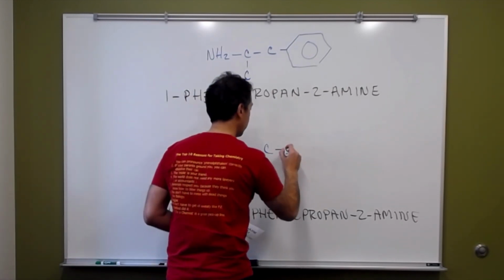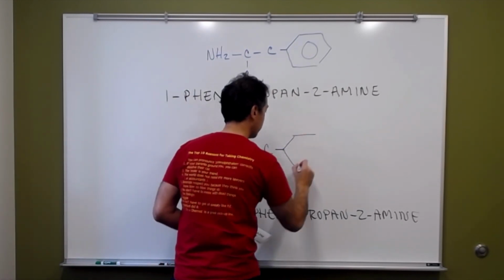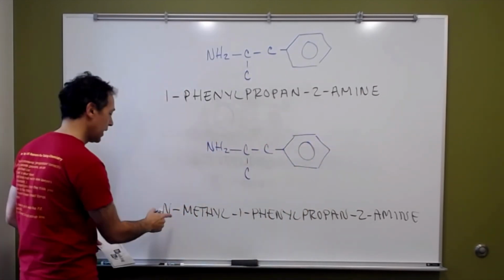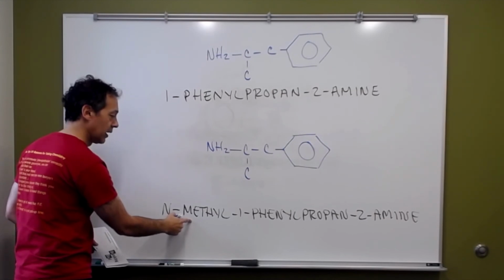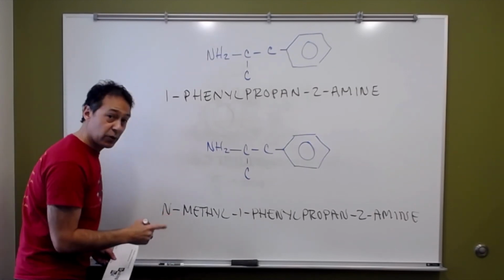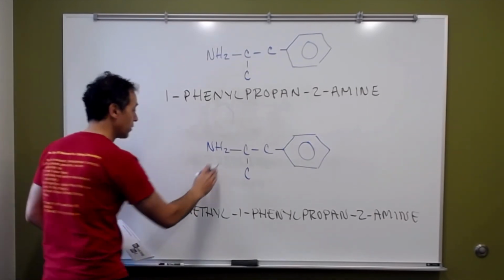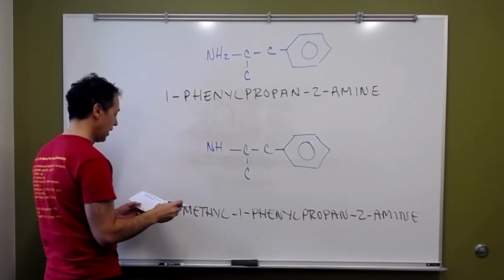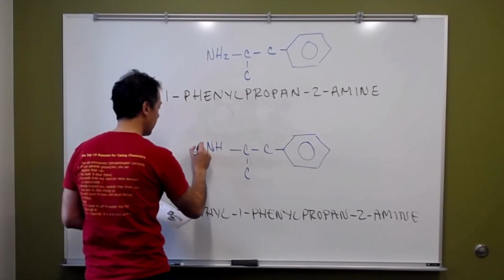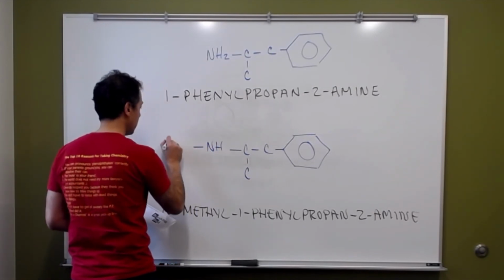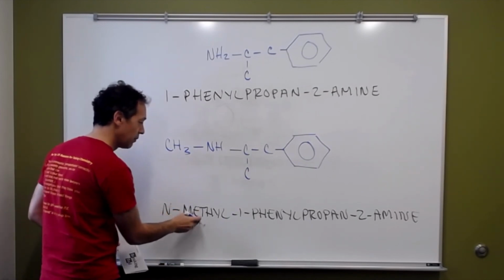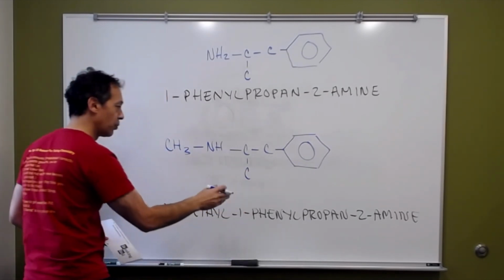So phenyl coming off of first carbon like that. And then I have N-methyl. And so this tells me that there's a methyl group coming off of that nitrogen. So I'm going to change one of these hydrogens here, just swap that out there. And then I'm going to put in a methyl group here, CH3. So that becomes N-methyl-1-phenylpropan-2-amine.